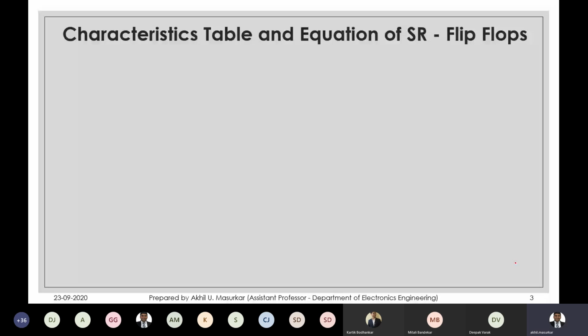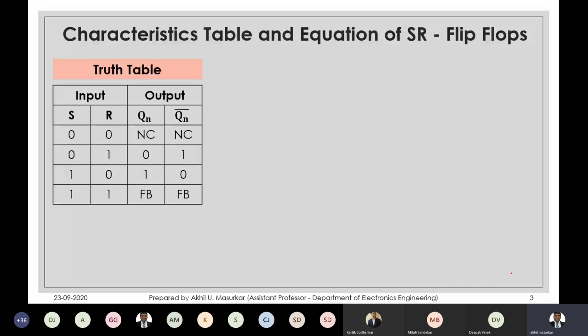First is the truth table. Please recall the truth table. You will write everything with me now because this is going to be a flow and you should be able to understand it. First, everybody will write down the truth table of the SR flip-flop.